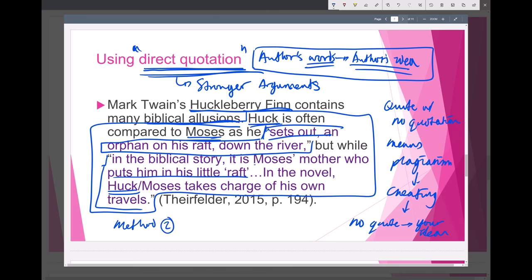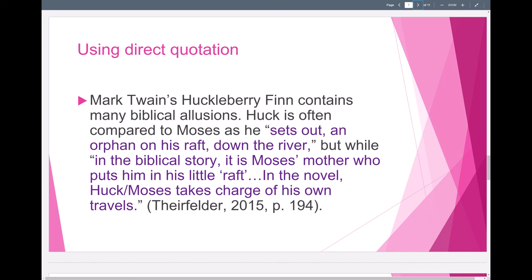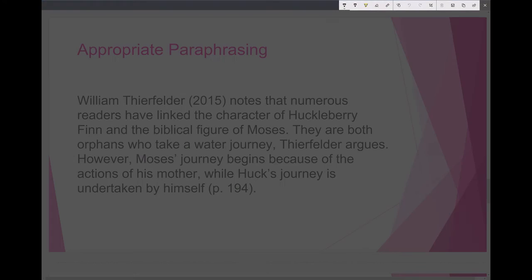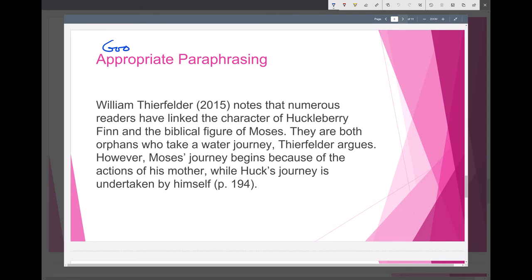So let's try something a little harder, paraphrasing. And remember, we have reasons to paraphrase. Maybe you want to present the argument your way, but you still need the author's ideas from the source. Let's take a look at this one. So, appropriate, this is a good paraphrase.